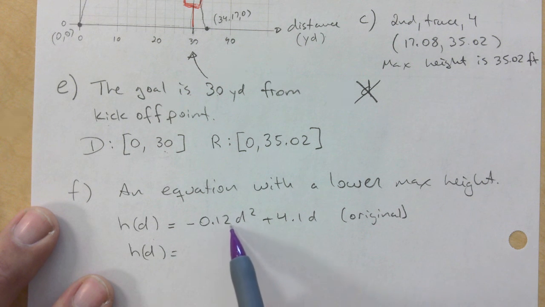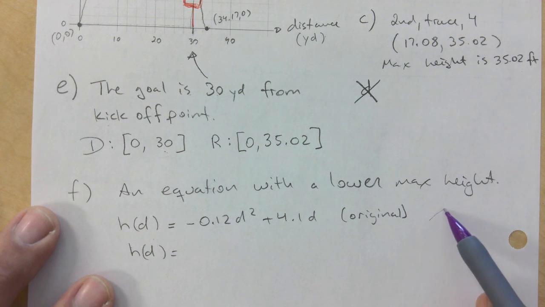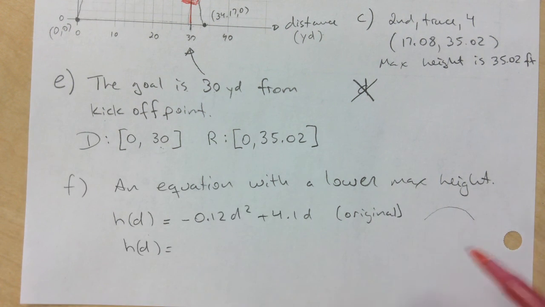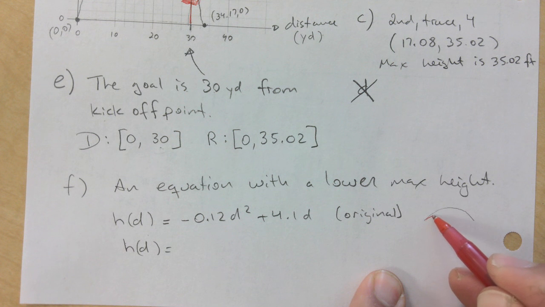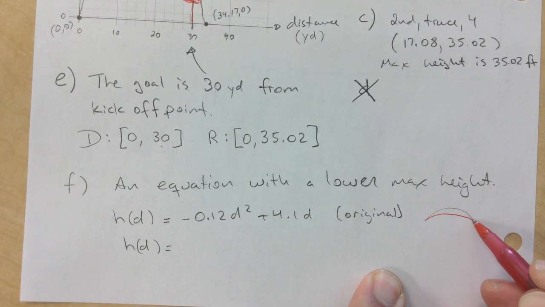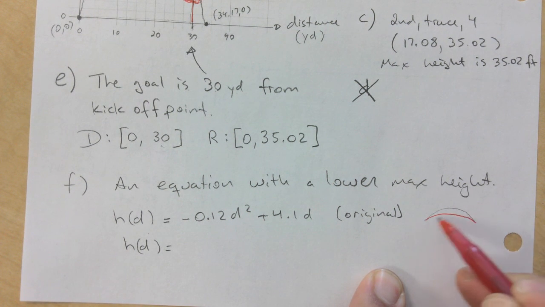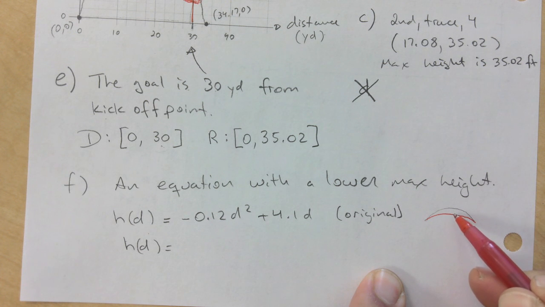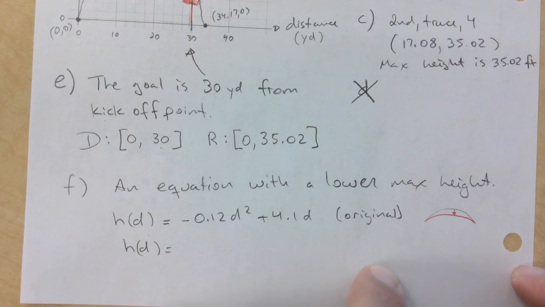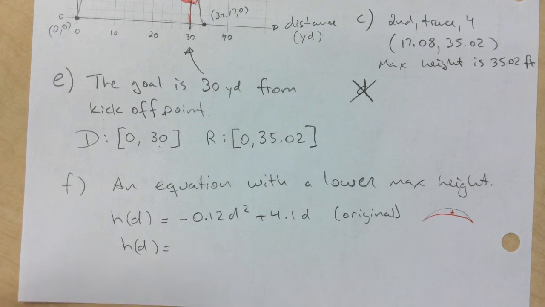If you were to make this even smaller, the curve would go from this to something that is wider. The smaller you make that A value, the wider the curve becomes, so it kind of flattens down. So you want to bring this down like that. So what we do is we reduce A.